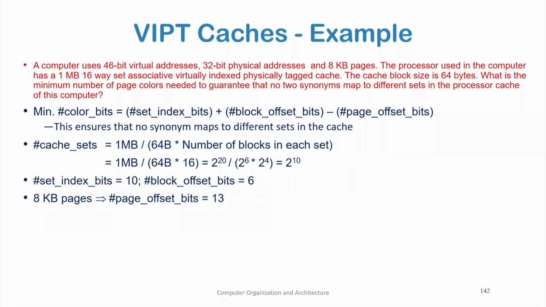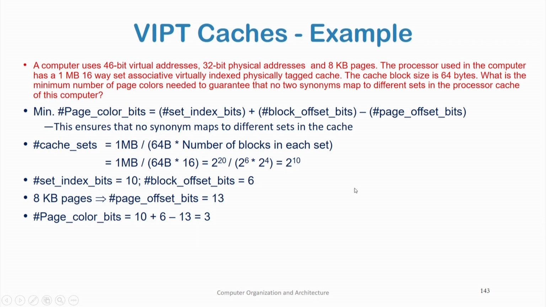So, now this plus this is 10 plus 6 equals 16. Now, I have 8 KB pages. So, number of page offset bits is 13, and so number of page color bits that will be required is 10 plus 6 minus 13, which is 3.